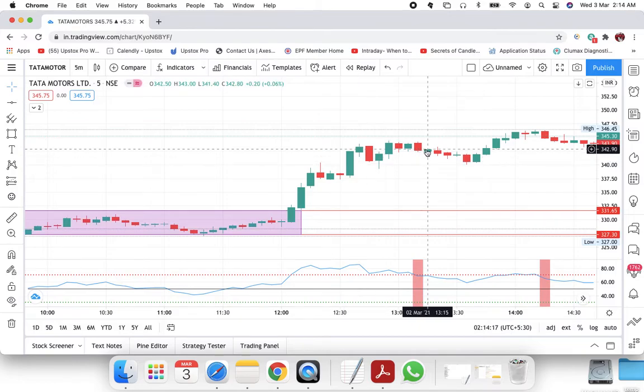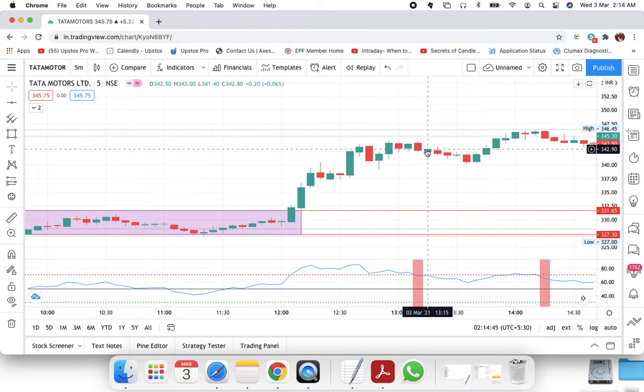So this is how candlesticks help us to punch our order, I mean to enter our trade, help us to keep the stop loss, and help us to decide the exit.